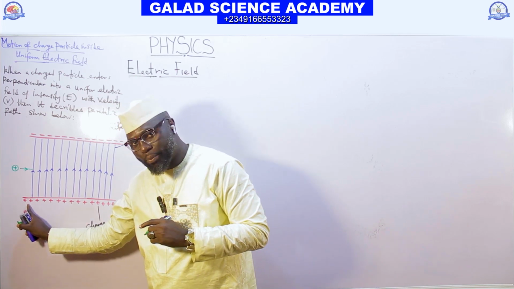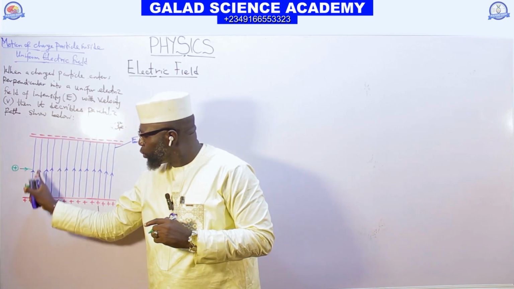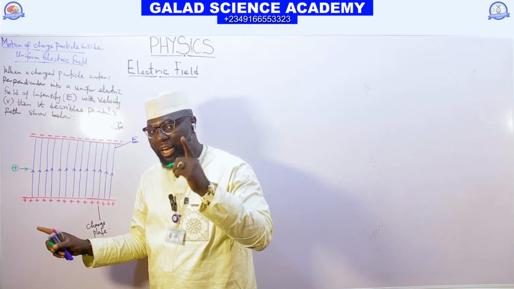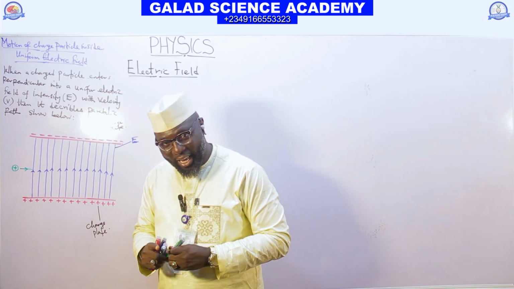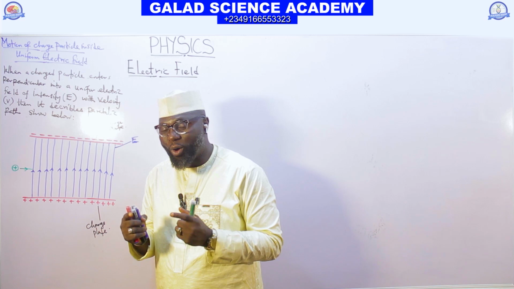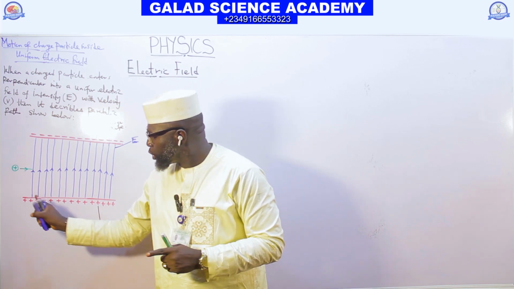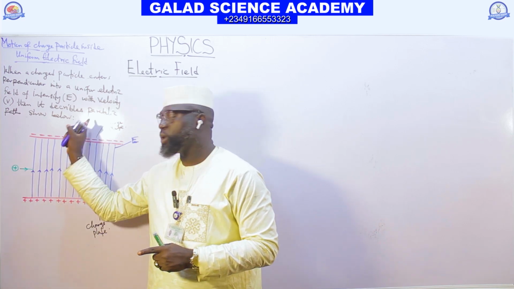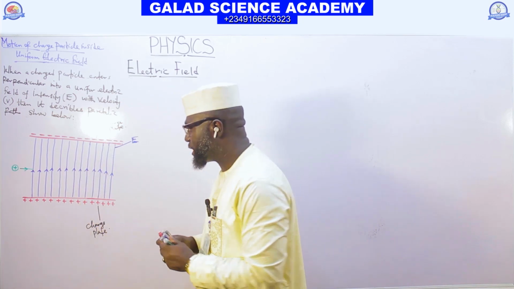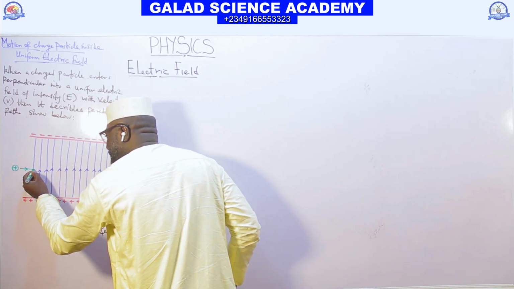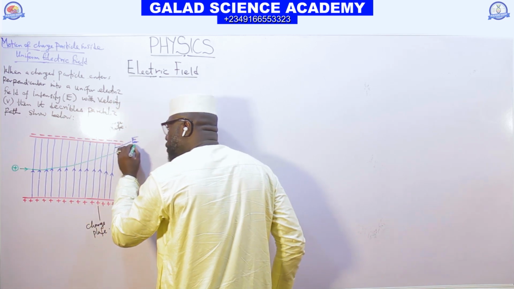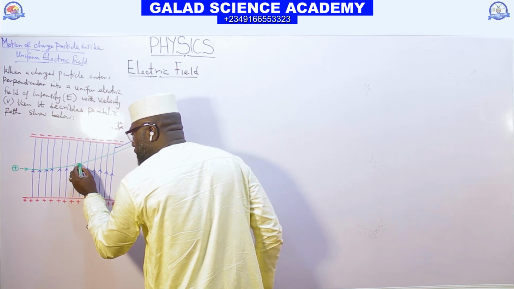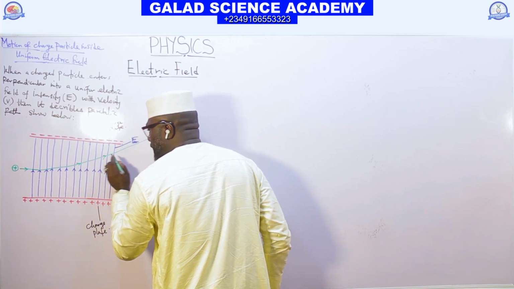What do we have here? Positive. What do we have here? Negative. So when the charge enters the field, it will undergo the law of electrostatics. We're saying that like charges repel, unlike charges attract. So this is positive, this is positive. This charge, is it going to move toward the positive or toward the negative? It will move toward the negative. So on getting to this field, the charge will bend and move upward. This is the parabolic curve of the charge.